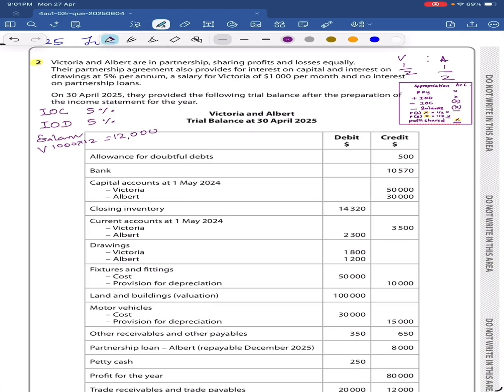On 30th April 2025, they provided the following trial balance after the preparation of the income statement.